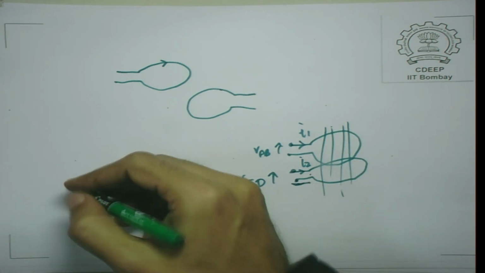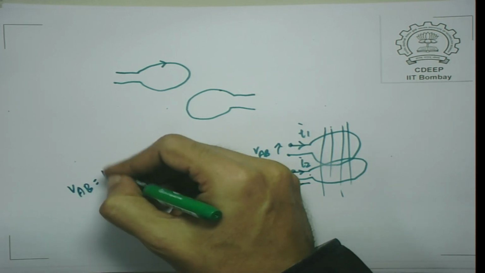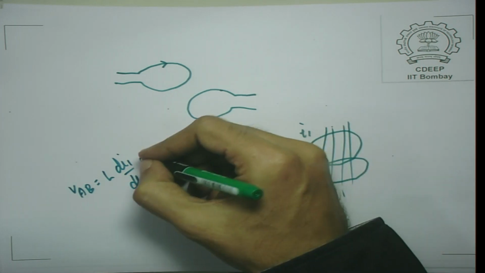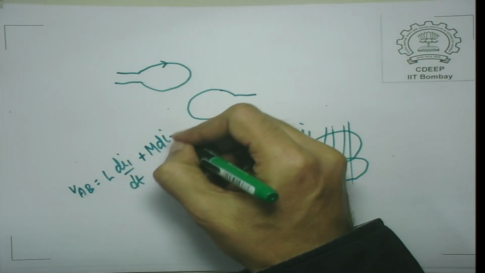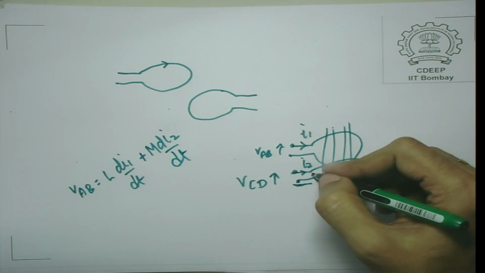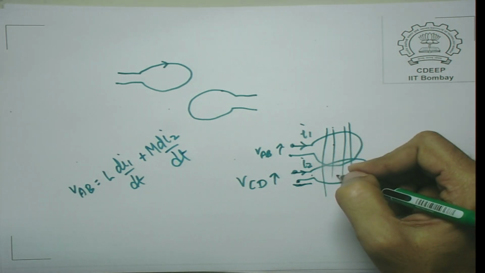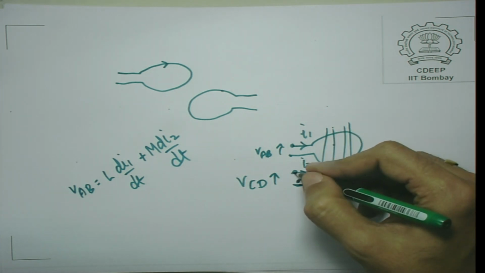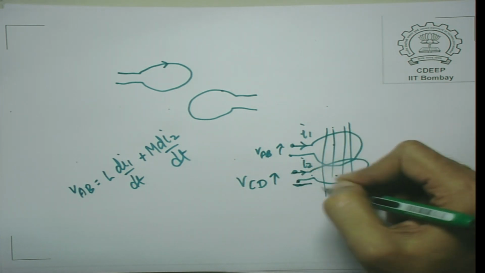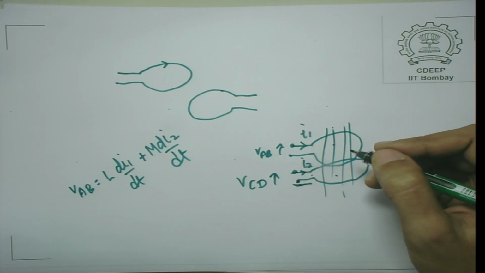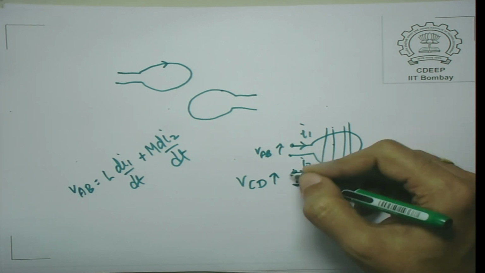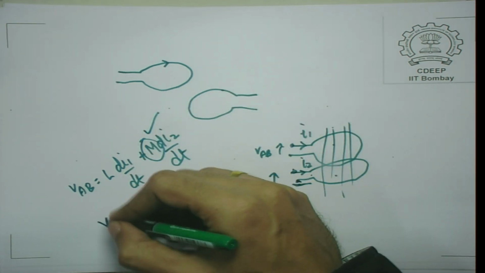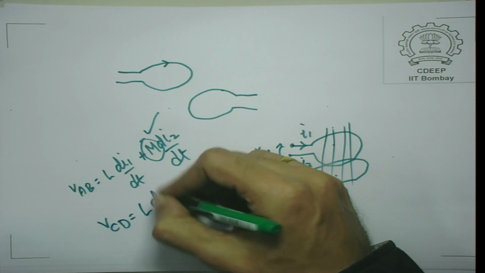In that case, VAB is equal to a positive number into dI1 by dt, where the current I1 flows here, plus M dI2 by dt. In this case, M in fact comes out to be positive because the flux which is seen here is the same as the flux which is seen here, almost the same direction, and the sense of the coil is the same and you are measuring voltage also in the same way, the top point with respect to the bottom point. So, in fact this comes out to be a positive sign in this case.